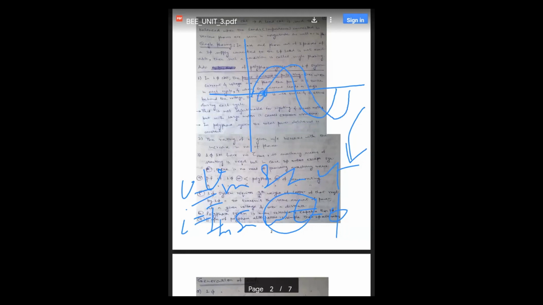So when omega t is phi, it is 0, and when omega t is pi plus phi, it is again 0. So the voltage and current are 0 at 4 points.